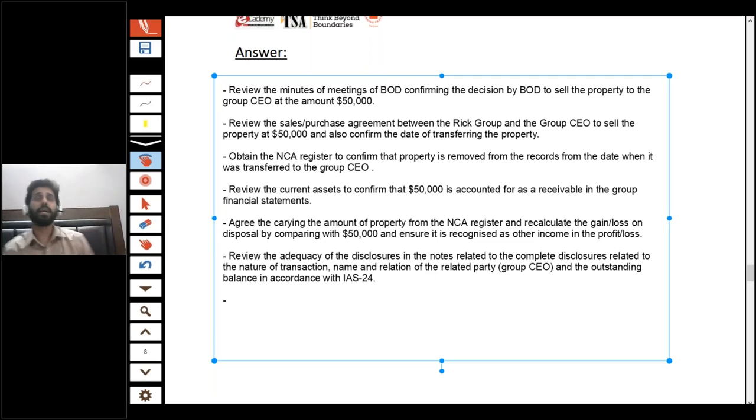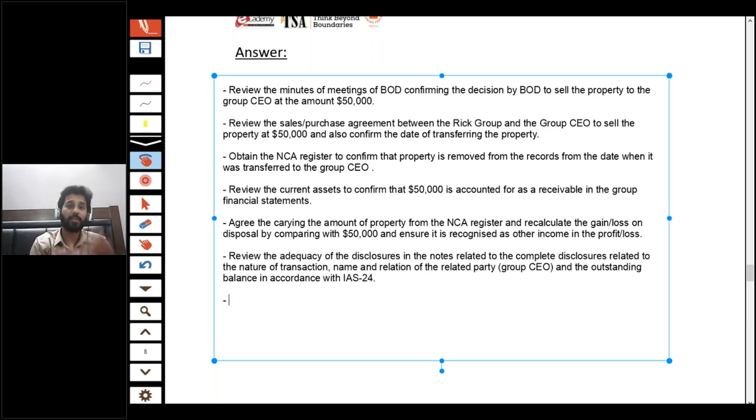Now one important thing is that you are exercising the procedure, you are applying the procedure. So you can also confirm the market rate of similar kind of property to confirm the reasonableness of the transaction. One important thing is that with the related party, the issue is that there may be the fraudulent transaction. For example, such kind of property, the measurement according to the square yards or whatever, is available in the market at $80,000.